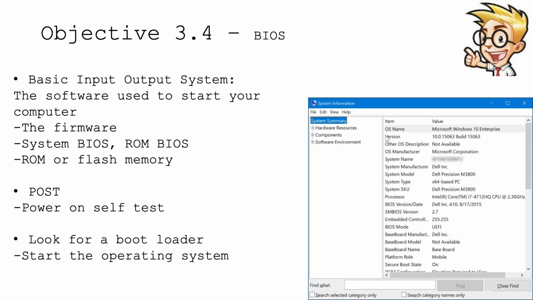This is not a comprehensive hardware diagnostics. It's merely checking to see if you have memory, CPU, video, and some type of input such as keyboard or mouse. If all of those components are in place, your BIOS will look to see what you've configured to be the boot drive, and then it will look for the bootloader installed on that boot drive so that you can start the operating system.